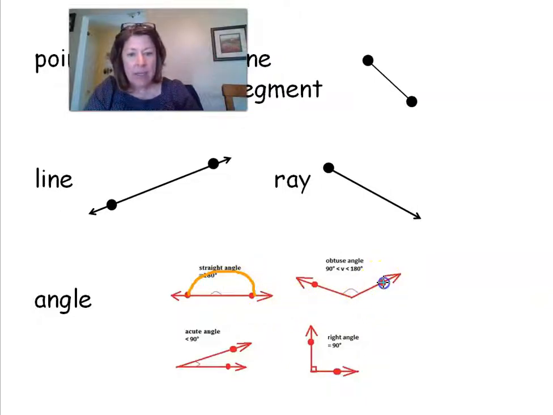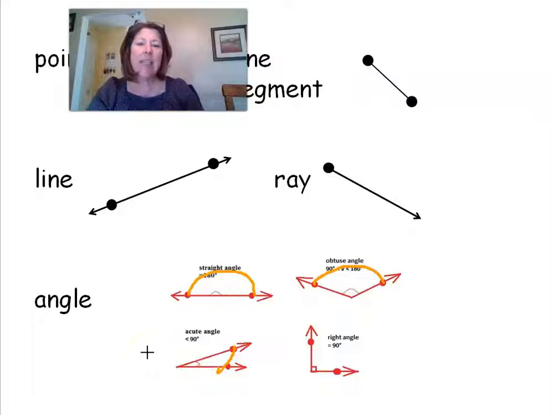If I go over here, from here to here, I've still traveled part of the circle, and I've traveled more than halfway to the half circle. So that would mean it's an obtuse angle. It's kind of wide. And then I have my angle here. And I like to call it, well, it's called an acute angle, but I like to say, oh, it's so cute.